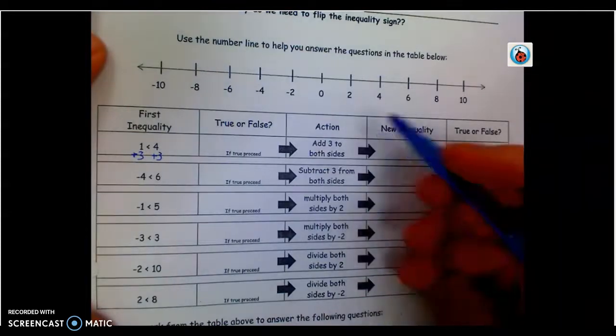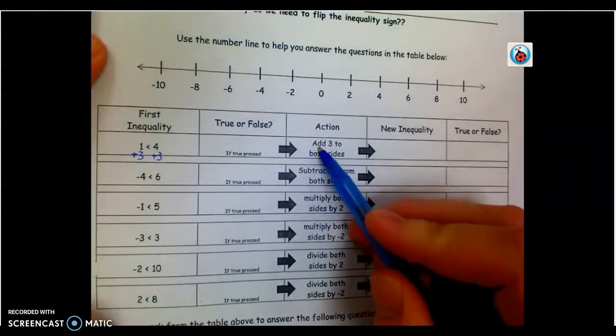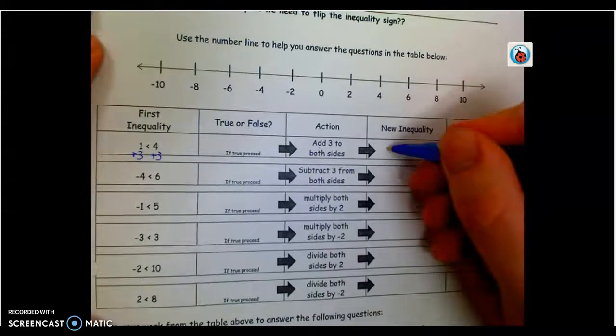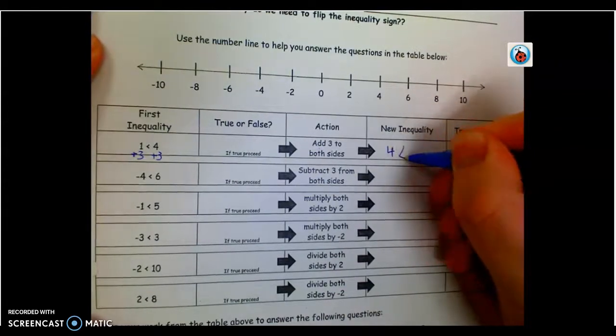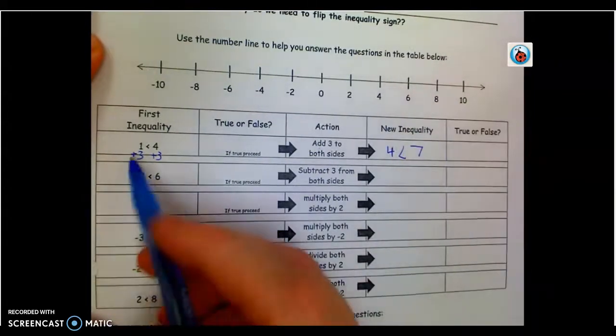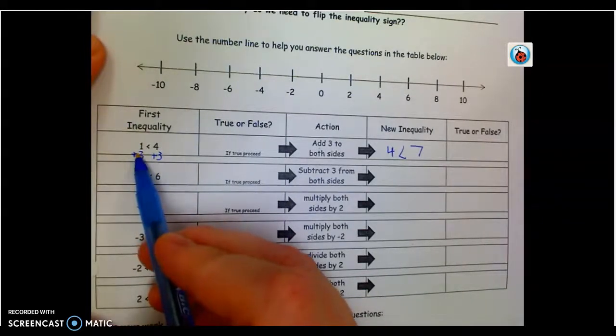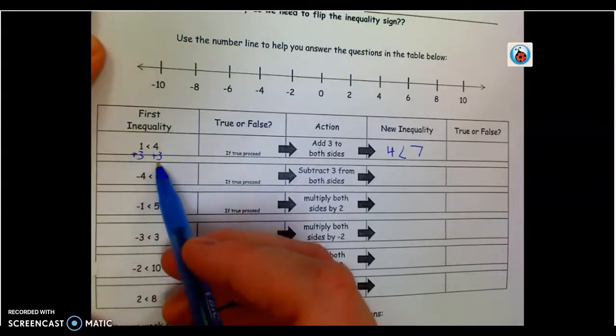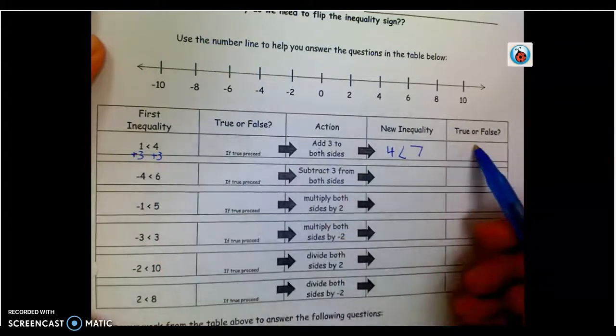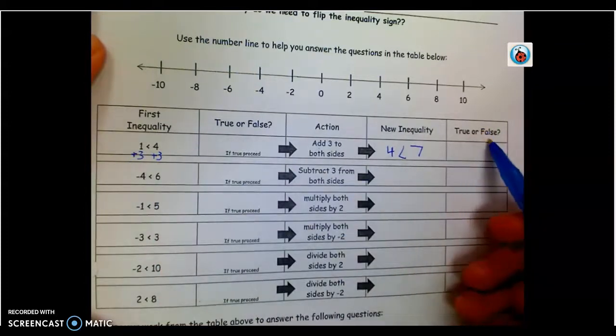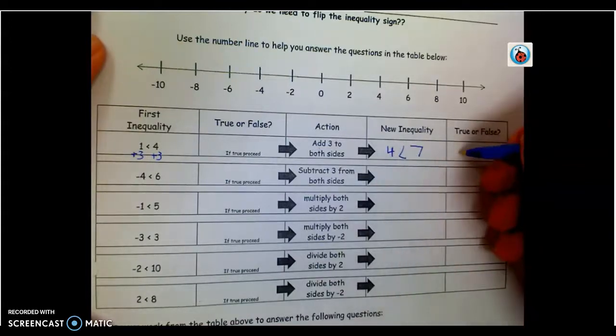When we complete our action, our new inequality becomes 4 is less than 7. I got that as 1 plus 3 is 4, and 4 plus 3 is 7. So is our new inequality true or false? Well, 4 is still less than 7, so that is true.